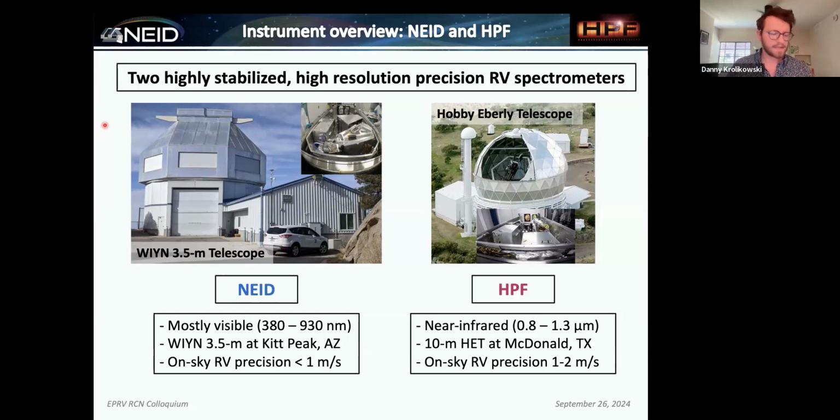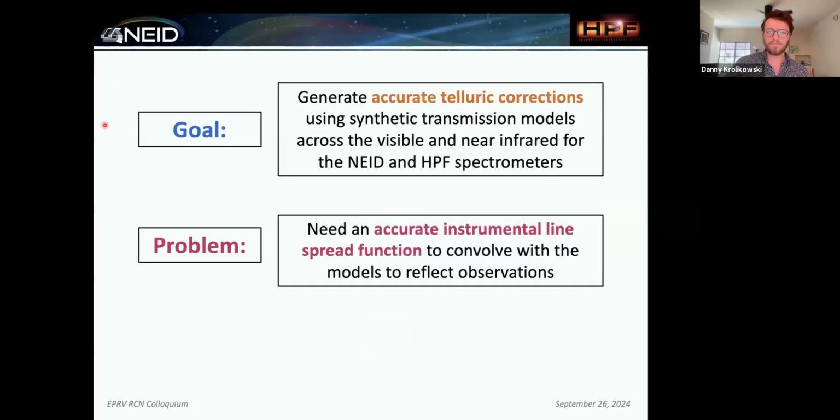And so the goal was kind of to have accurate telluric corrections across the visible and near infrared that can be applied to both of these instruments, and in particular for NEID, applied through our data reduction pipeline to give telluric models to all of our users that they could then apply to their science.